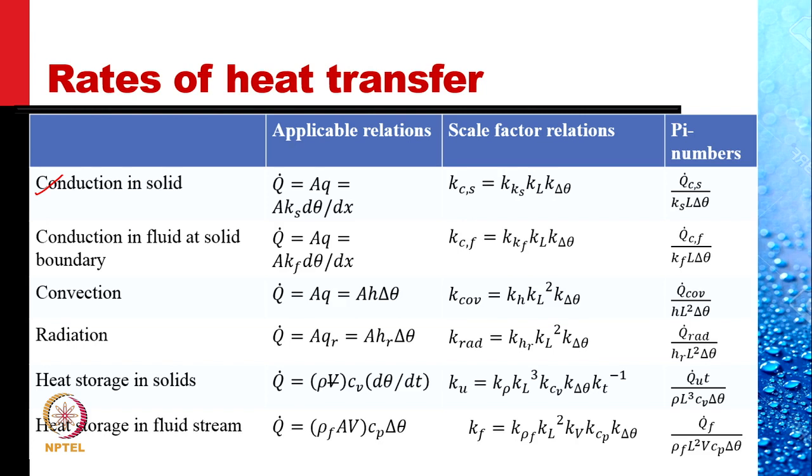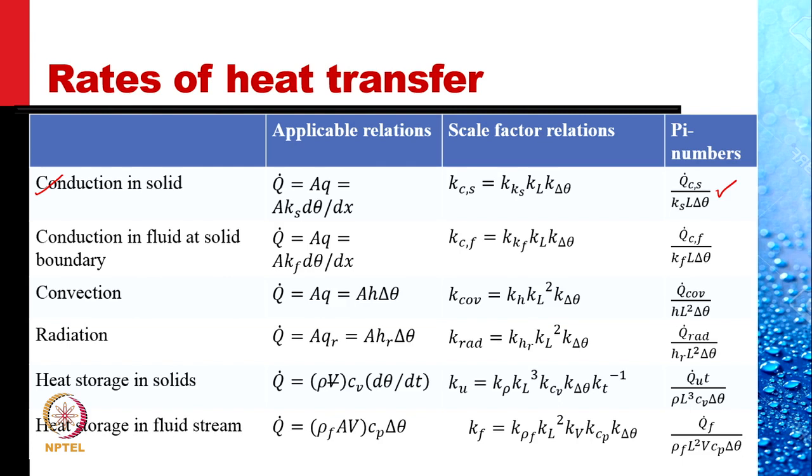Converting this into a scale factor relation, we get K_CS, the scale factor of conduction in solids, is K_Ks, the scale factor for the thermal conductivity of solid, times K_L, the scale factor of length, times K_Δθ, the scale factor of temperature differences. As before, we note that it is not the temperature, but the temperature differences that are relevant in the heat transfer problem. The resultant pi number is this.